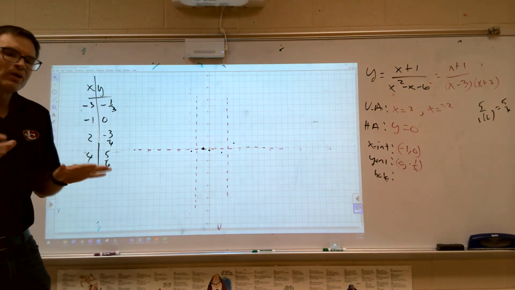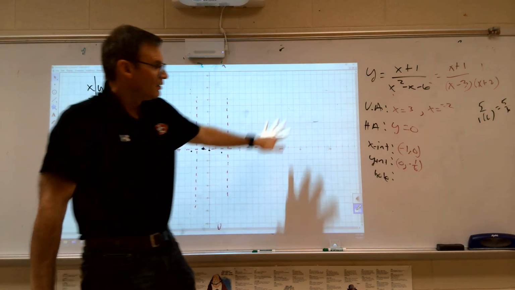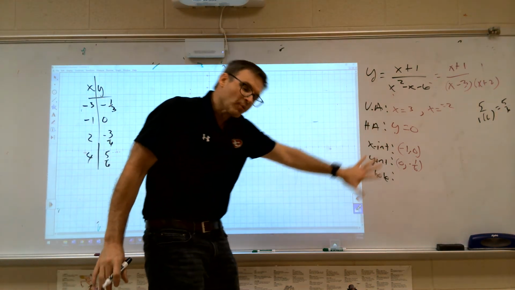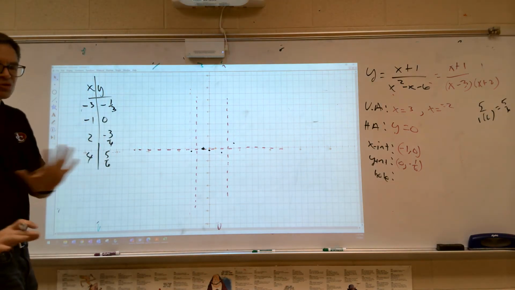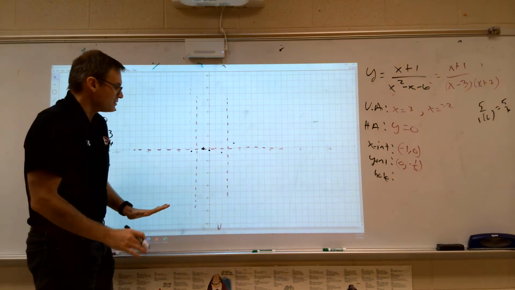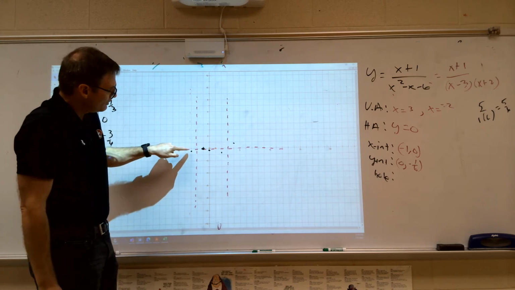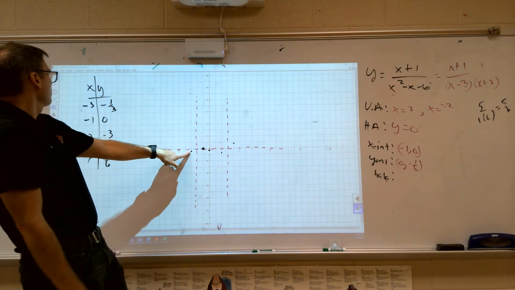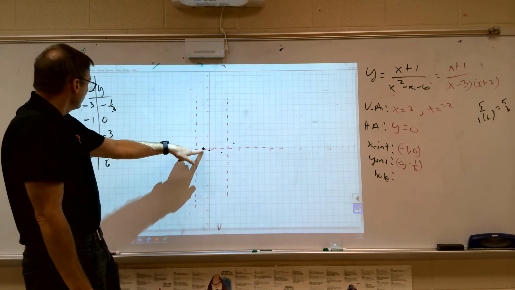And so now what I need from everybody, right? Even if you had difficulty coming up with this, and you know these numbers were really ugly and I went through them too fast, I need to make sure that everybody has the two vertical asymptotes, the horizontal asymptote, and then you have a dot at negative 3, negative 1/3. You have a dot at negative 1, 0.